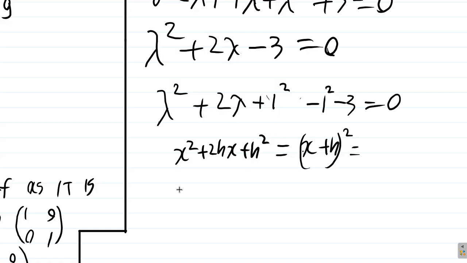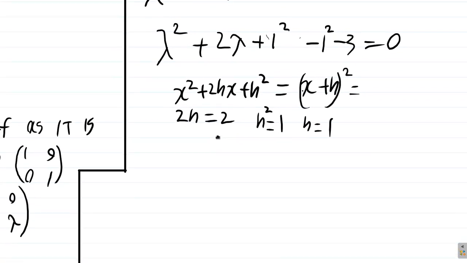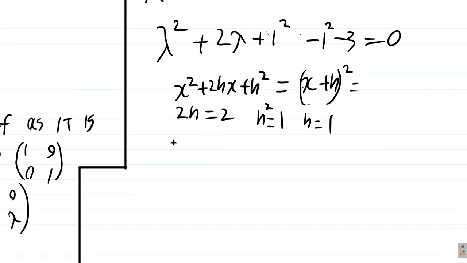Now, in this case, 2h is equal to 2, because 2hx. Well, in this case, it is lambda we're dealing with. So h is 1. H squared is 1. Once you remember the pattern and you've been practicing, you should see it. So x plus h squared is like x plus 1 squared. Now, minus 1 squared.